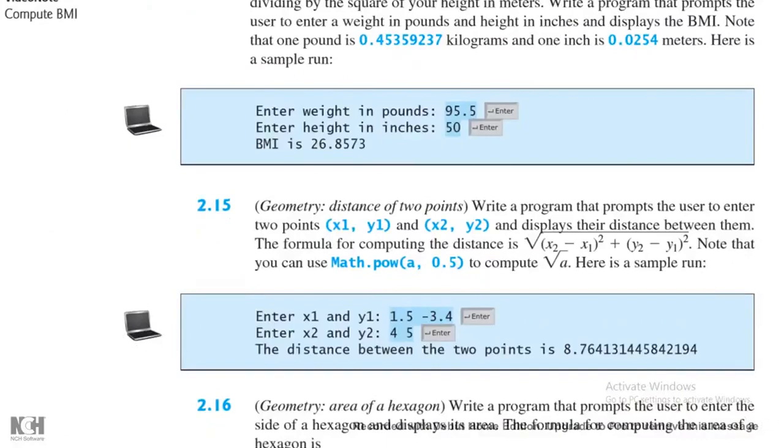We have to write a program that prompts the user to enter 2 points, x1, y1, x2, y2, and displays the distance between them. The formula for computing the distance is that. Note that you can use Math.pow(a, 0.5) to compute the square root of a. So here is a sample run.